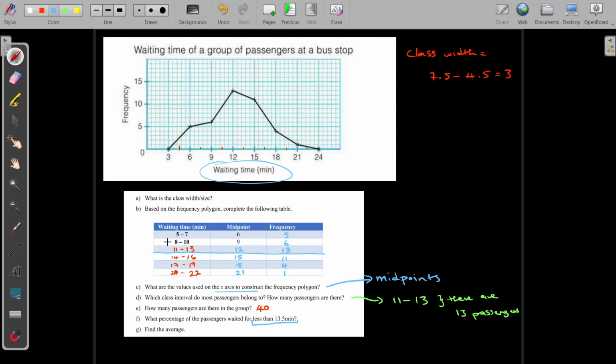So now we look at the total frequency for these classes. 11, so that's 24, out of 40. So that's 60%.